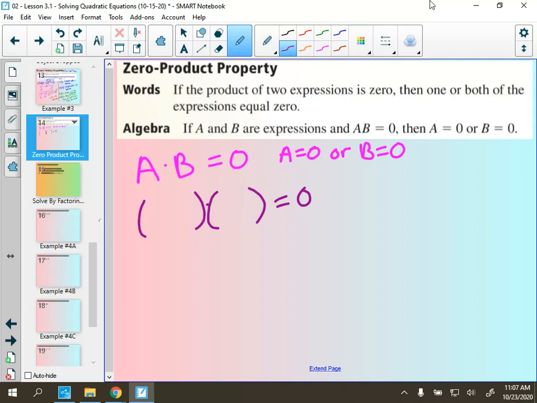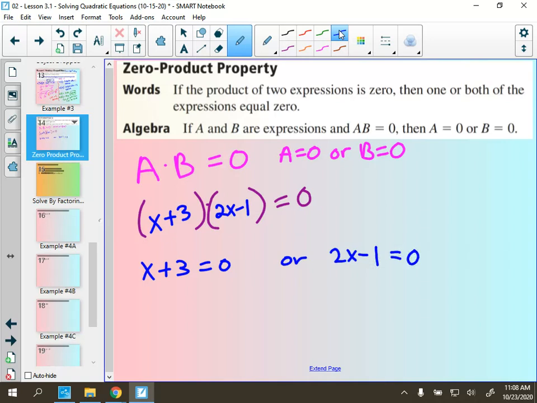Where we're going to see this, these quantities might look like this. So I'm multiplying these two quantities together and I'm getting 0. That means that either x plus 3 has to equal 0, or 2x minus 1, that whole thing has to equal 0.